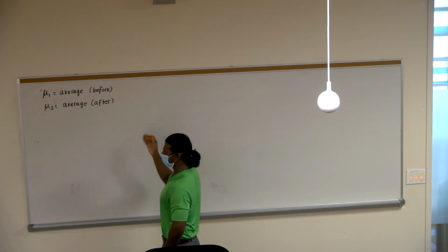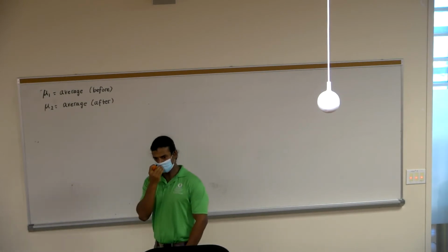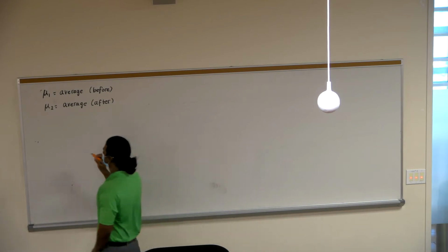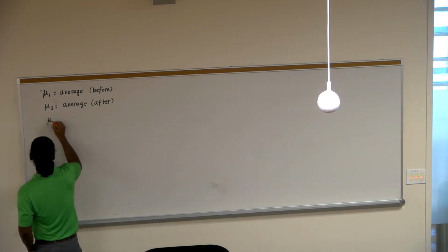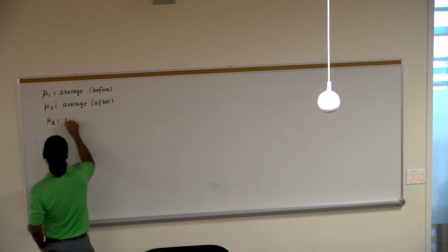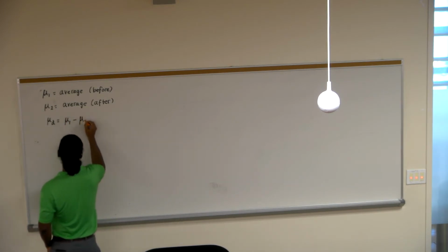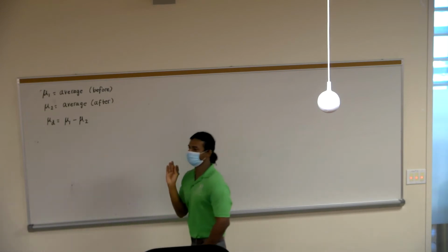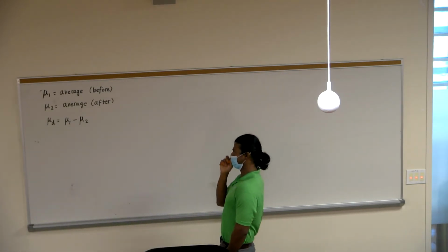And typically it's before minus after. That's what people usually do. So mu sub d is the difference in means. So mu1 minus mu2, which would simply mean the before average minus the after average.